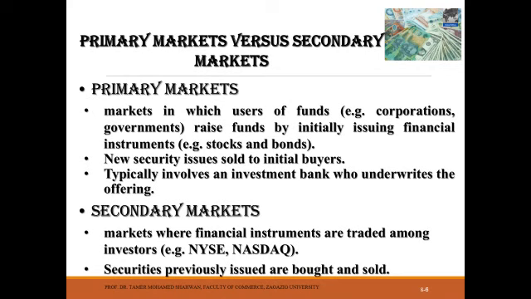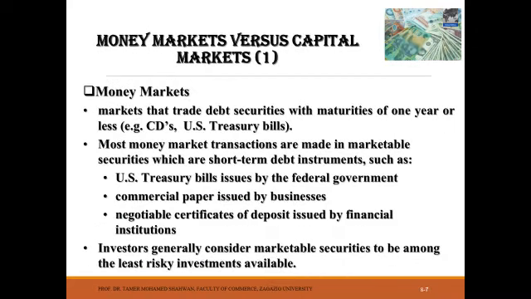Example for such a type of market, New York Stock Exchange, NYSE, or NASDAQ. On the other hand, we could say that the secondary market is a market where securities previously issued are bought and sold. This is the first category of classification between primary market and secondary market.